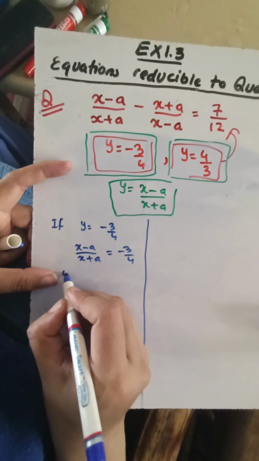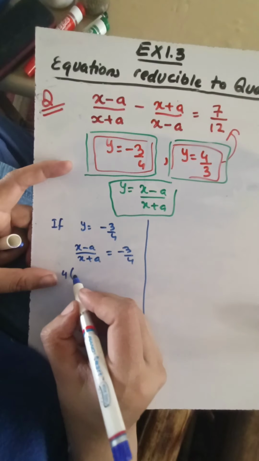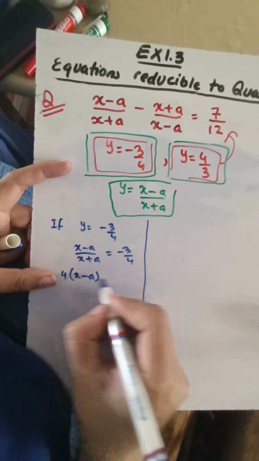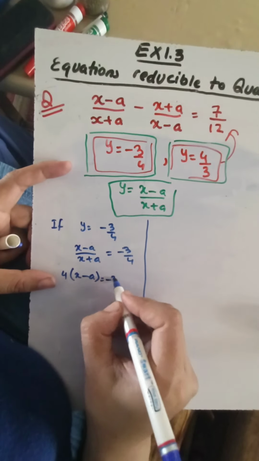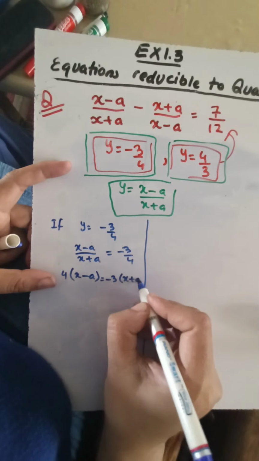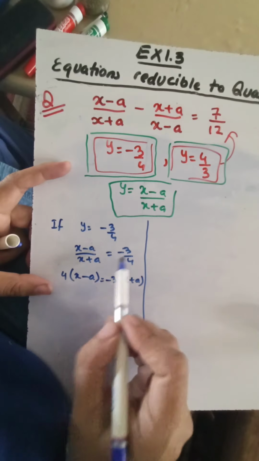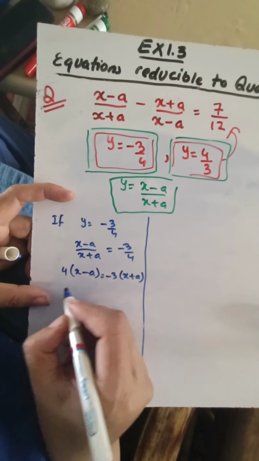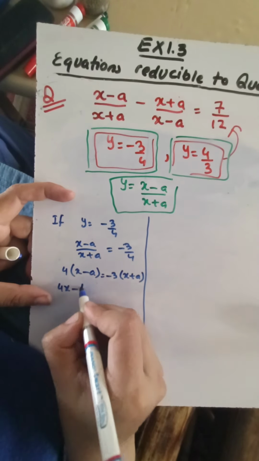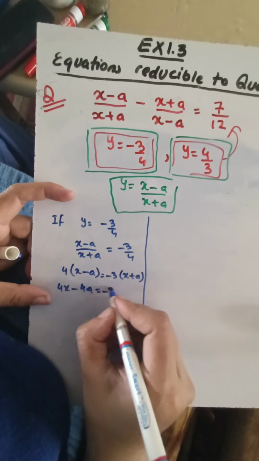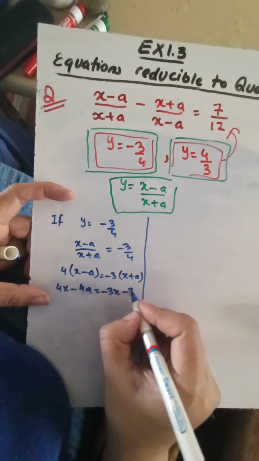Cross multiplying, we will get 4 into x minus a equals negative 3 into x plus a. Now opening the bracket, as we know how to do it, 4x minus 4a equals negative 3x minus 3a.